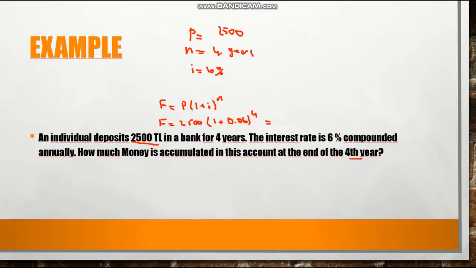So it's going to be 2,500 times 1.06 power of 4. If we multiply this, we will get 3,155 Turkish lira. So you guys can double check this amount. So again, for the future, we are going to get 3,155 Turkish lira. It is very basic math.